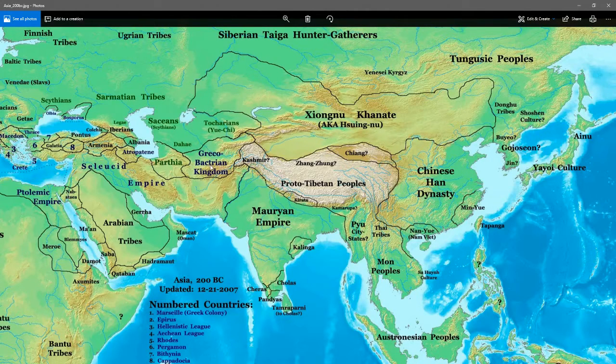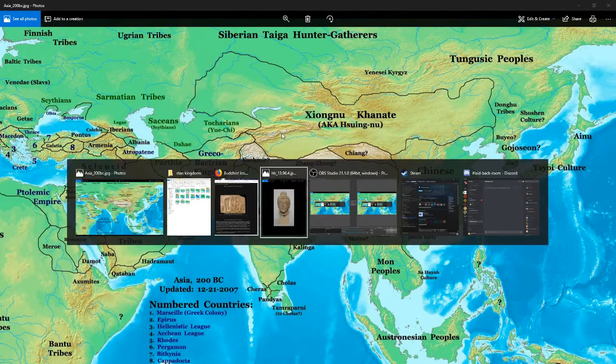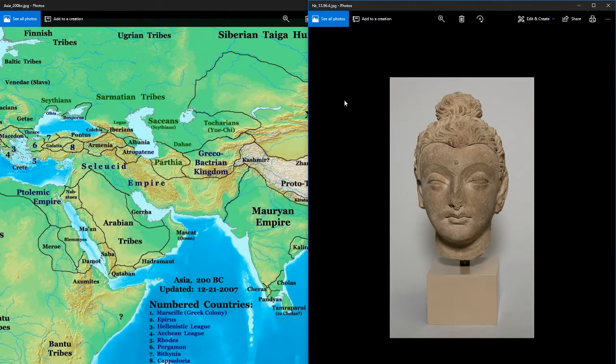He converts to Buddhism, but the Greco-Bactrians have this long legacy of Hellenizing all the religions that they come into contact with, and Buddhism is no exception. So the Greek Bactrians are really the first people to kick off the iconic phase of Buddhism. And so they do that, and let's bring up some of their depictions here.